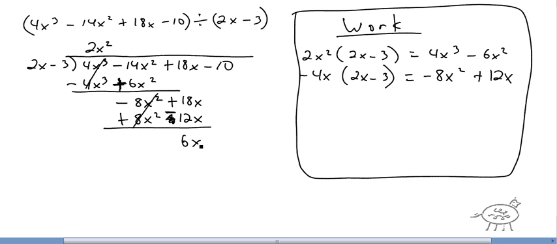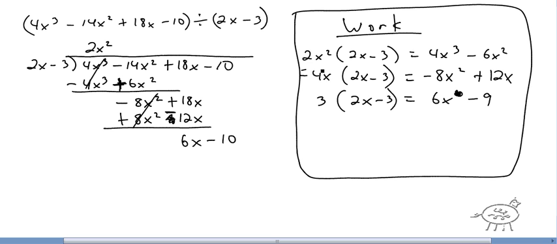I get 6x. Bring down the next term. What times 2x is 6x? 3. So 3 times 2x minus 3 gives you 6x minus 9.